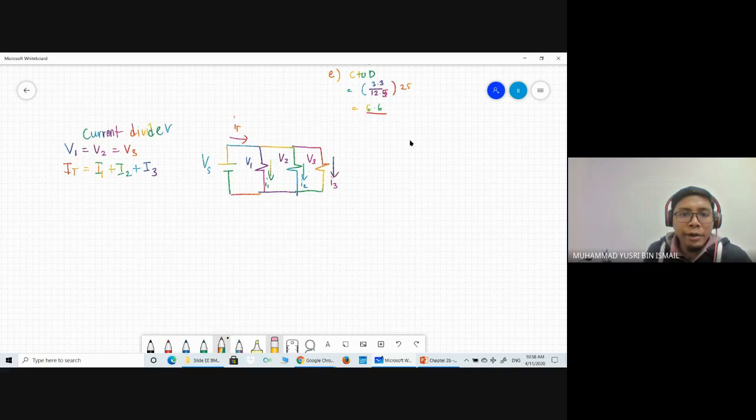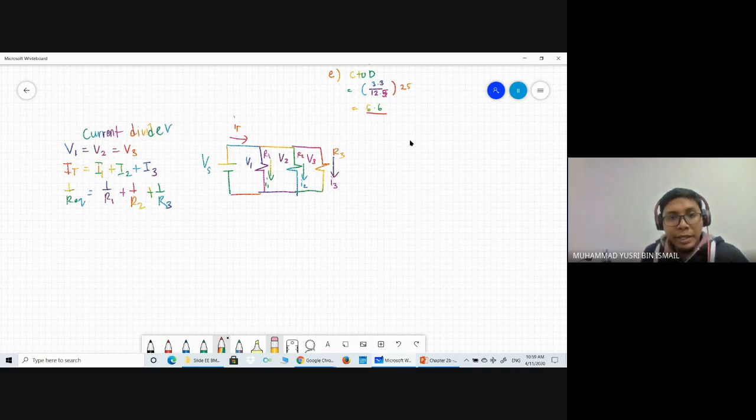And then for resistor, for R1, R2, and R3, 1 over R equivalent equal to 1 over R1 plus 1 over R2 plus 1 over R3.